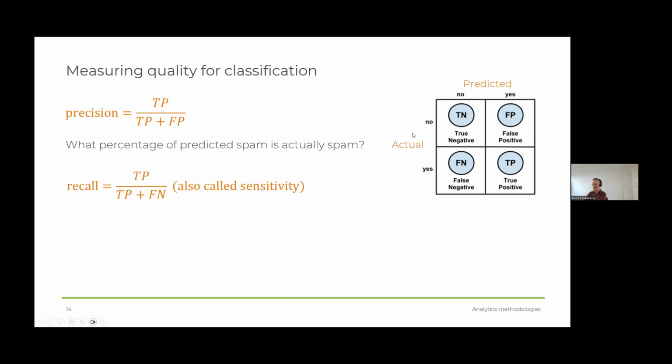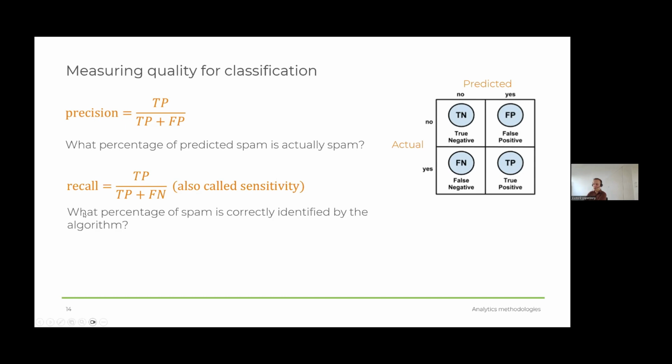And the recall looks similar, but here we take the true positives divided by the sum of the false negatives and the true positives. Again, this is everything that is actually spam. And then we check, out of everything that is spam, how many did we capture as spam?